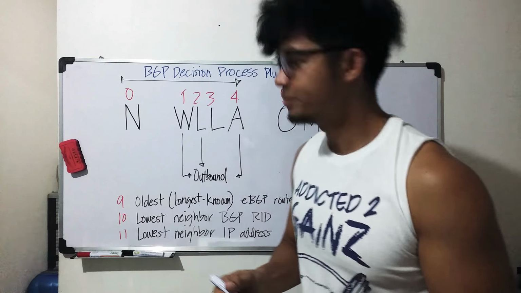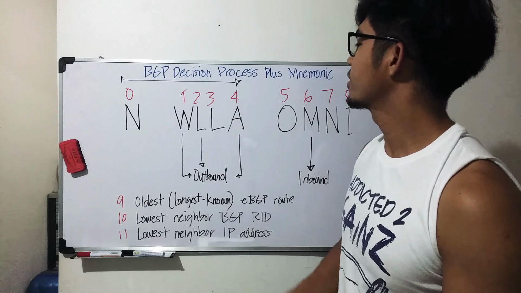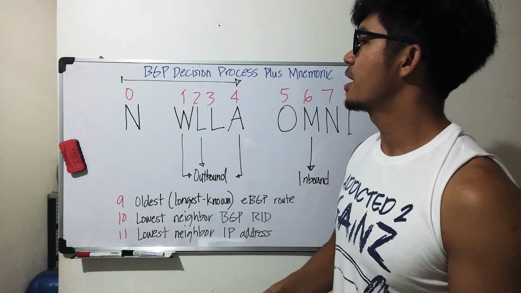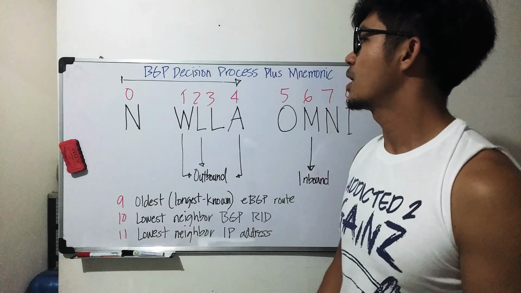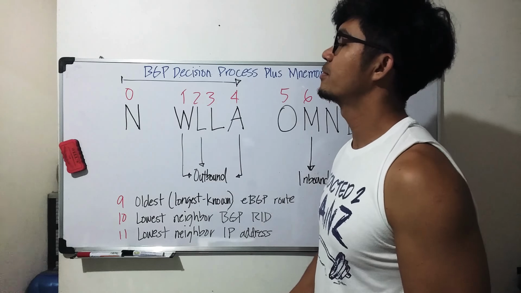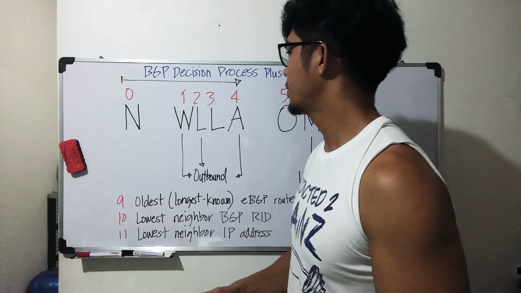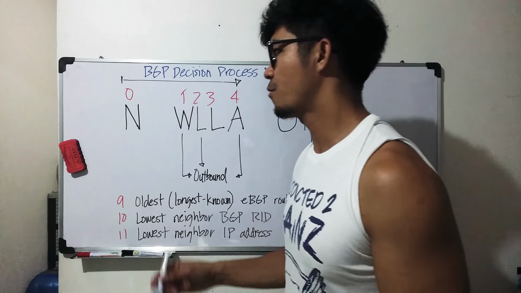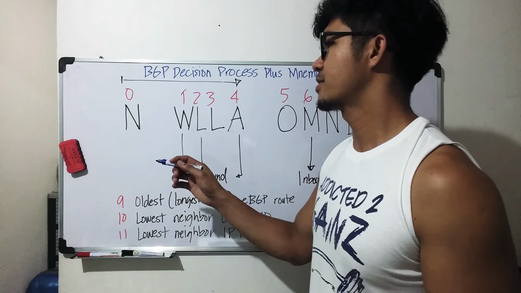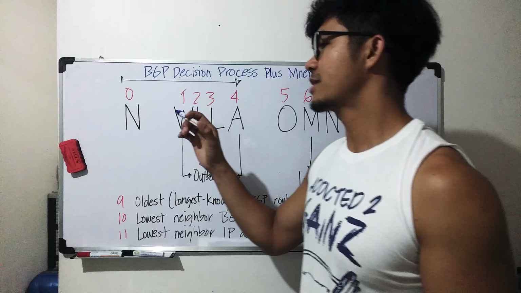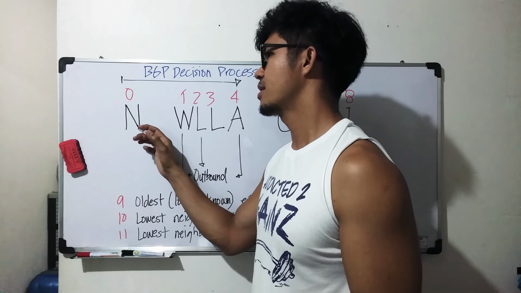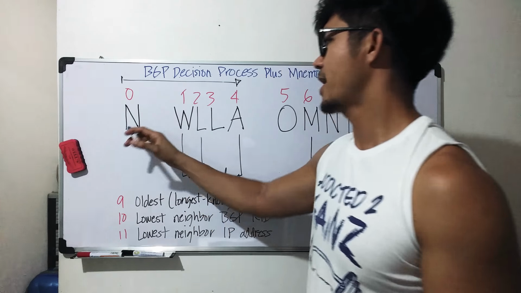Yeah. So let's talk about the BGP decision process. So like I said earlier, a router checks if that route has a valid next hop.